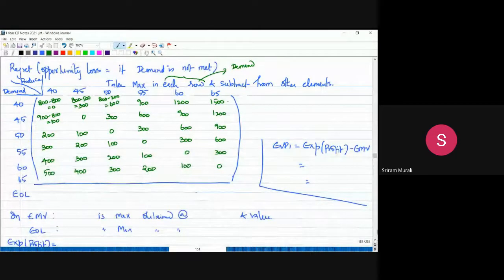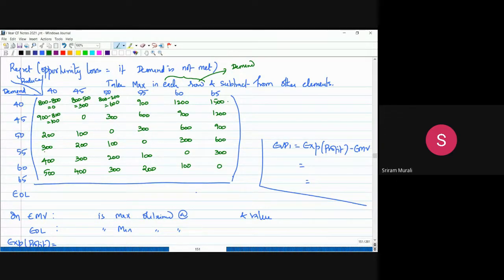Okay, now expected opportunity loss. Expected opportunity loss means you should add everything and divide, that is EOL. EOL to be found. Expected opportunity loss. Add everything divided by 6. How much do you get?